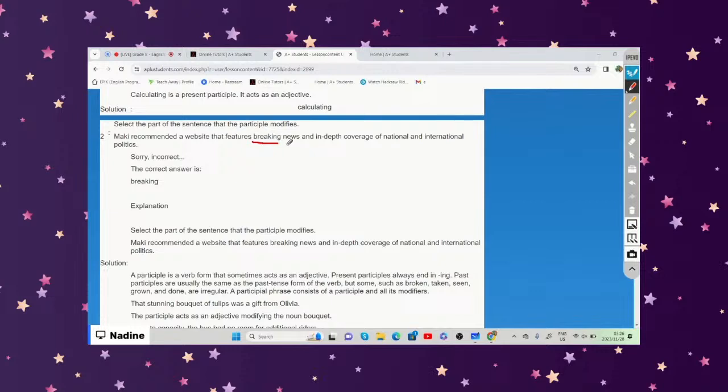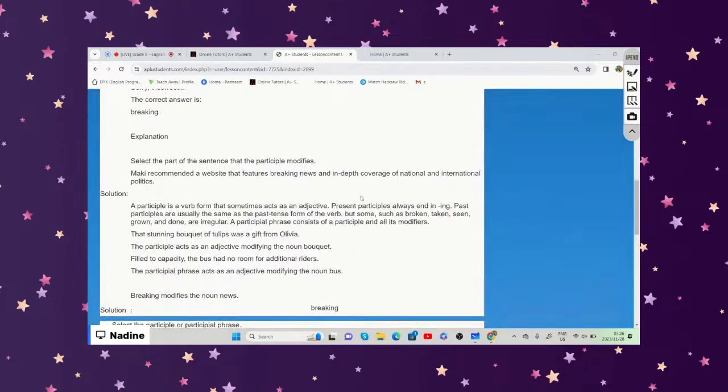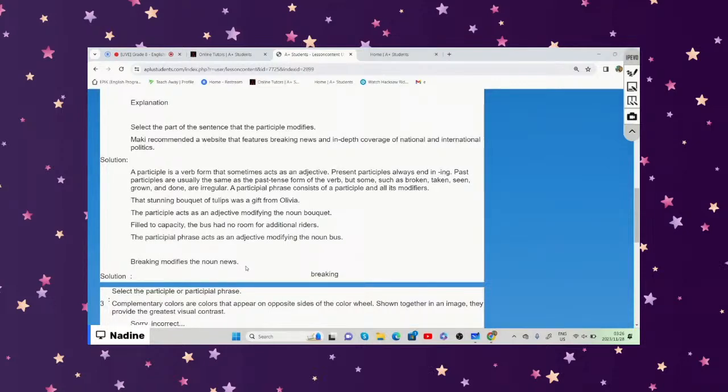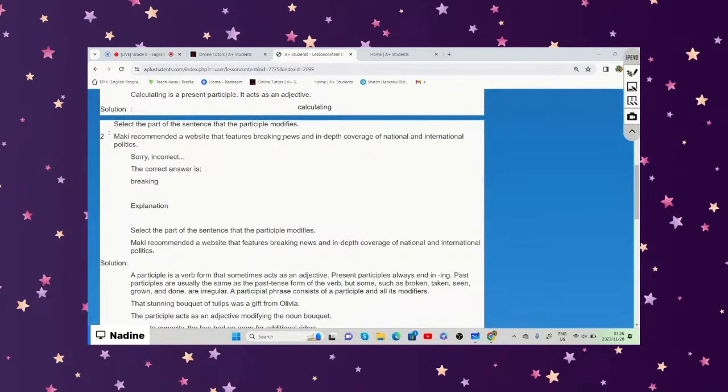Which means that breaking is the part of the sentence that the participle modifies. So breaking it is. Breaking modifies the noun, which is news, because it basically acts as an adjective. And an adjective usually modifies the noun, and in this case, it is news.